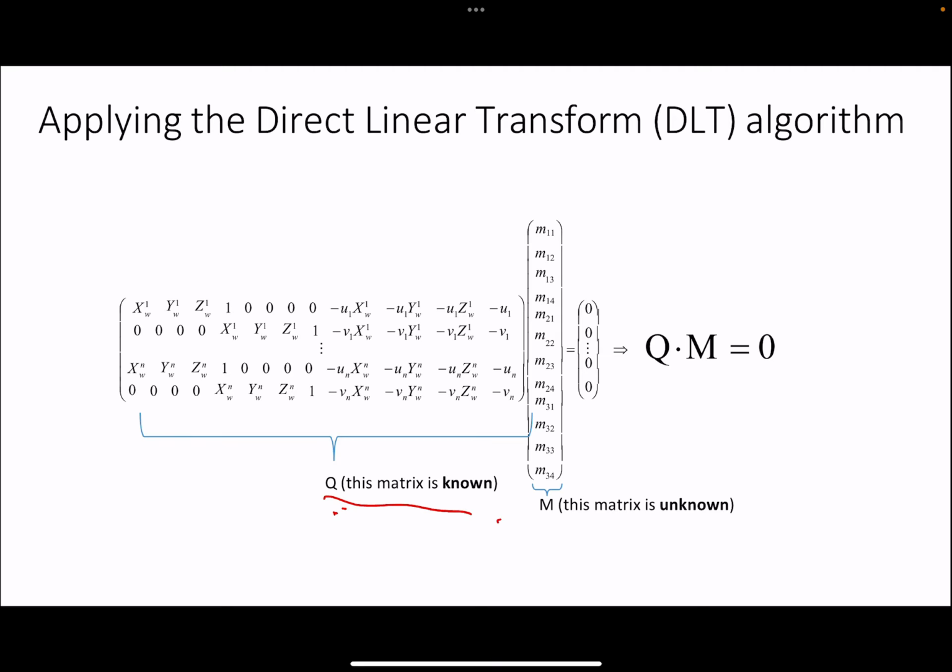We know all elements in this matrix: X, Y, Z, W, U, V. 2D, as I said, U, V are from the 2D image processing algorithm. X, Y, Z, W are from our actual measurements. So Q is known, and our goal is getting M. Here we can rewrite this as the dot product between matrix Q and vector M needs to be 0. And our goal is getting M, because we know matrix Q.